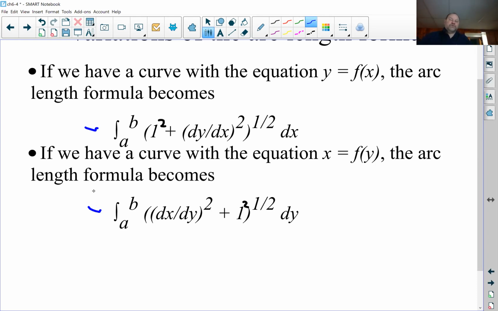We would have to estimate using the trapezoidal rule or Simpson's rule or left-hand endpoints or right-hand endpoints or midpoints or one of those formulas to estimate the integral. Because that constant of 1 can cause some issues. Not always. You can cook up an example where it works out.